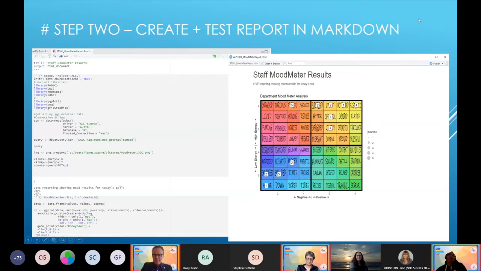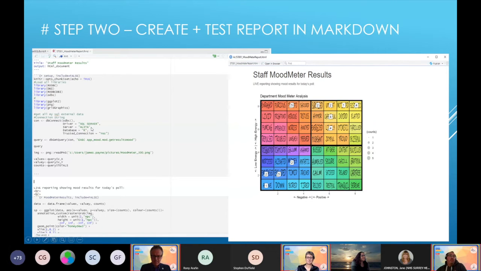Using RStudio again, I've got my Markdown code here, chunks and so on, and all the packages that I'm using. This part of the code is pulling the SQL live, so it's my live connection, and then there's all the ggplot and the graphics to customize making this grid. The grid behind here is just a graphics file, a PNG.